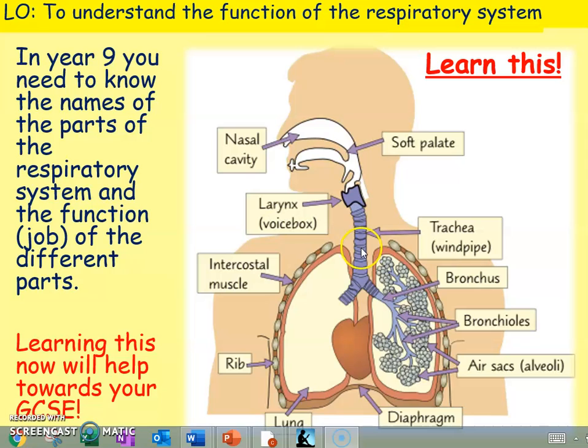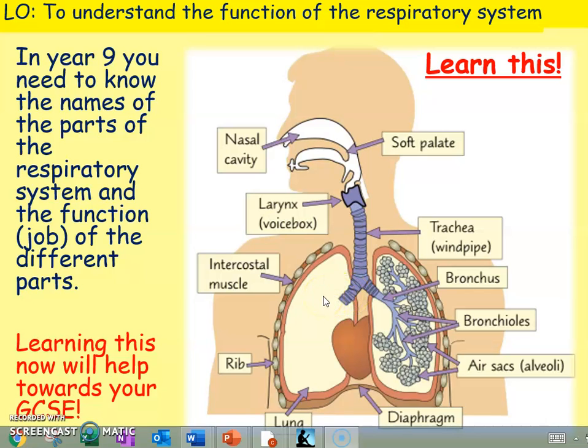Moving further down, we have the trachea or the windpipe. We would prefer you to use the word trachea. The trachea finishes in 2 separate tubes, one that goes into each of the left and the right lung. The singular of this is called the bronchus, the plural, the bronchi.